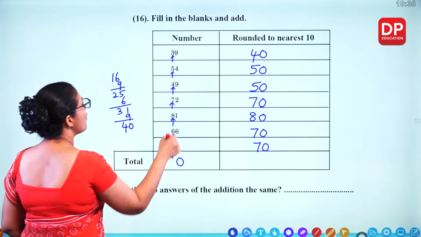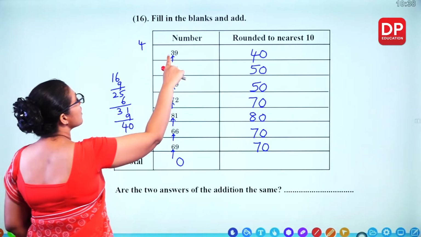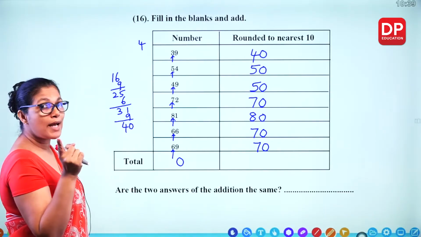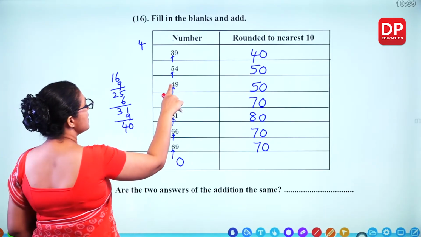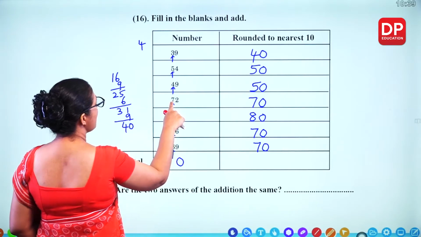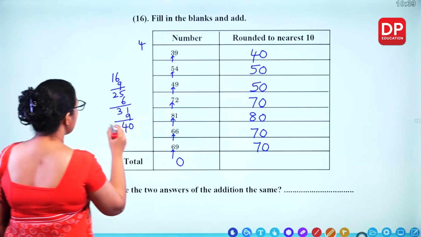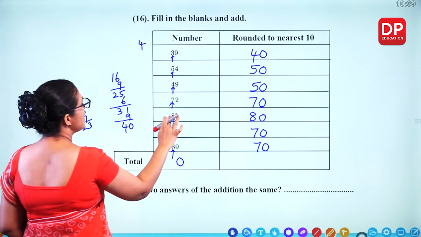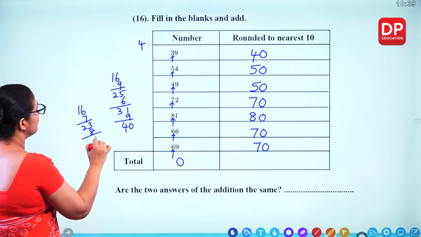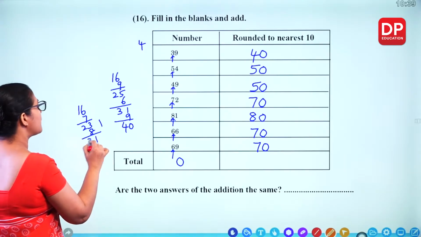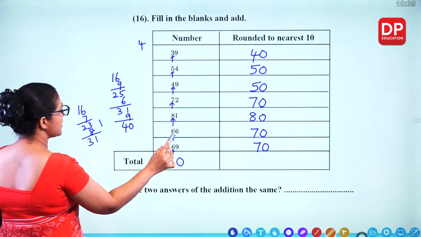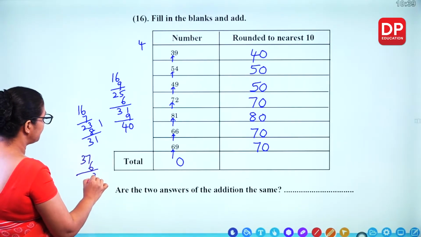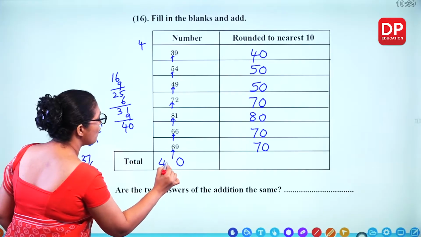So 0. 4 remaining. 4 plus 3, 7. 7 plus 5, 12. 12 plus 4, 16. 16 plus 7, 23. 23 plus 8, 31. 31 plus 6, 37. 37 plus 6, 43. So you get 430.